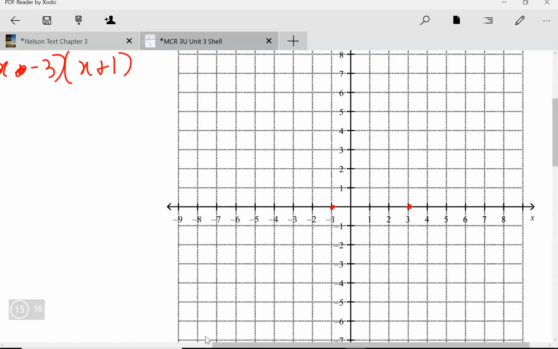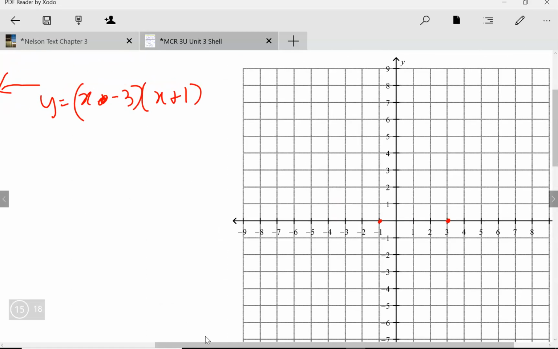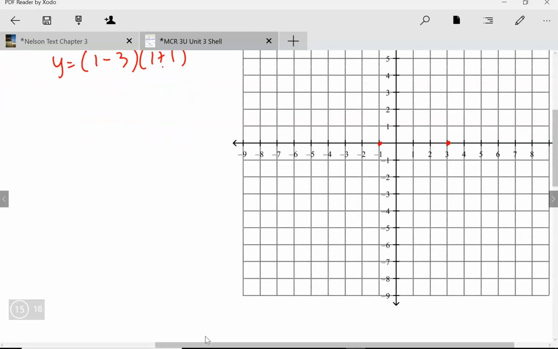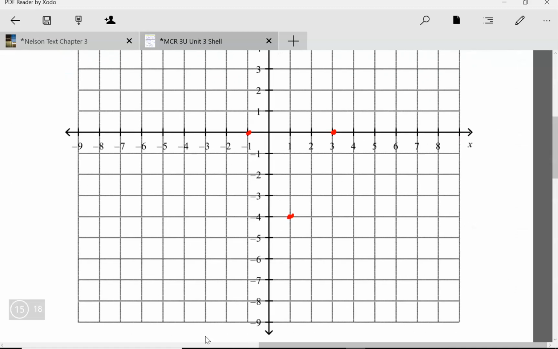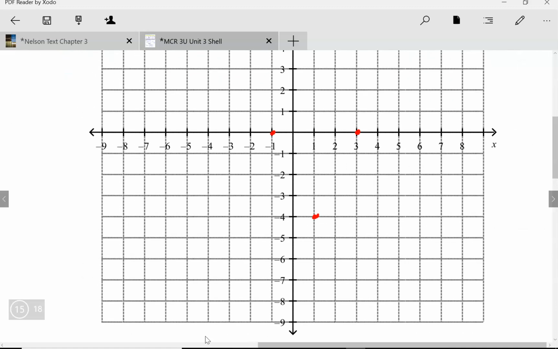So this is my axis of symmetry. Let's just find my vertex point. y equals 1 minus 3 times 1 plus 1, which is negative 2 times 2, which is negative 4. So 1 comma negative 4 is my vertex. And so my parabola looks something like this.